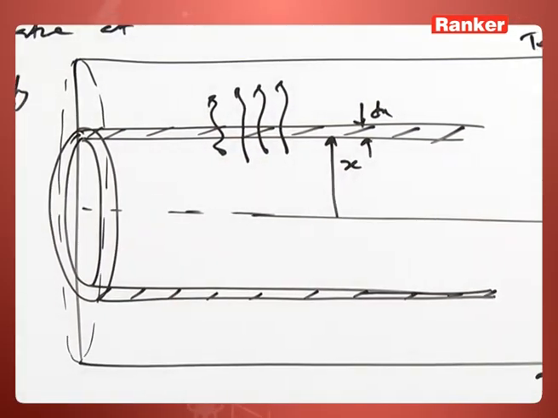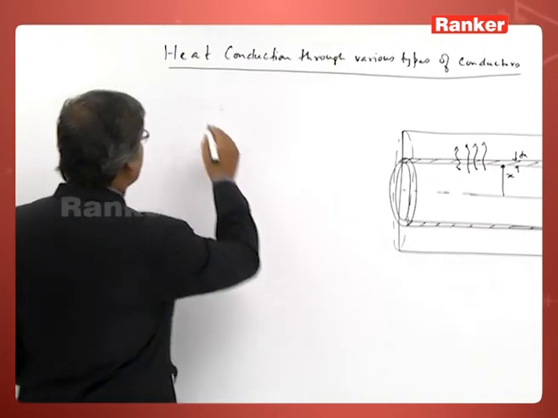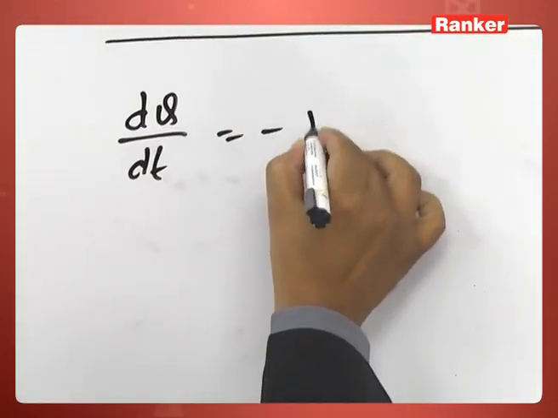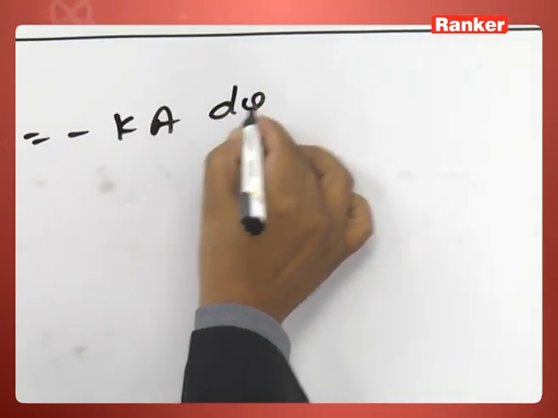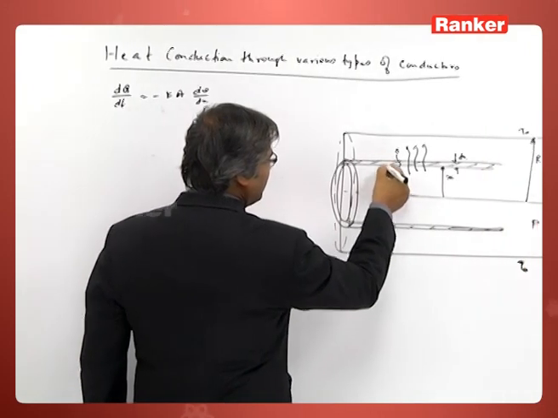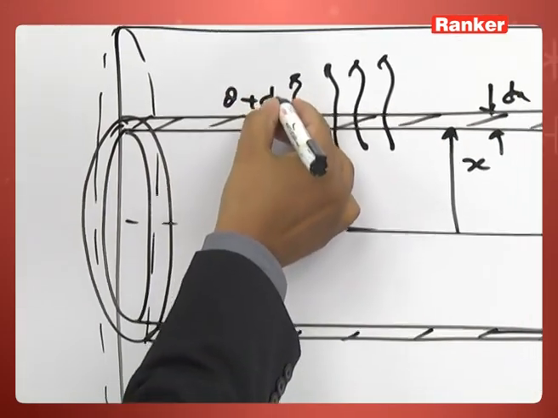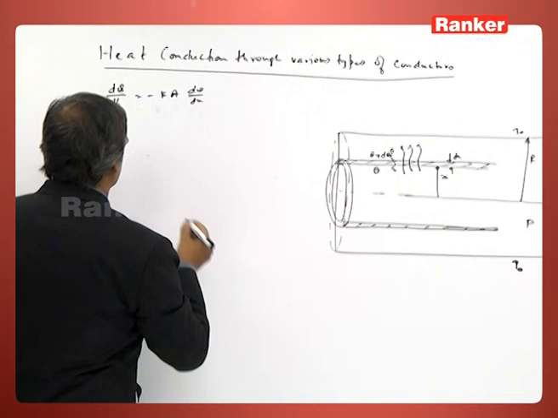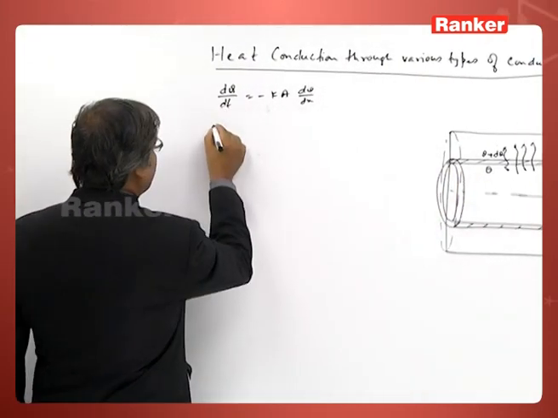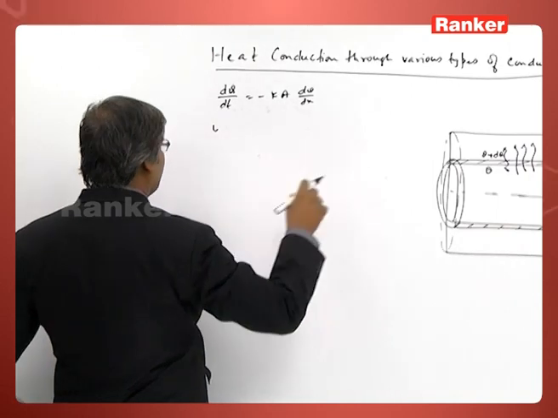So, let us apply this. Now, dq by dt is equal to minus Ka d theta by dx. So, suppose here the temperature is theta and here theta plus d theta. So, the rate at which heat is produced inside is the volume inside it.